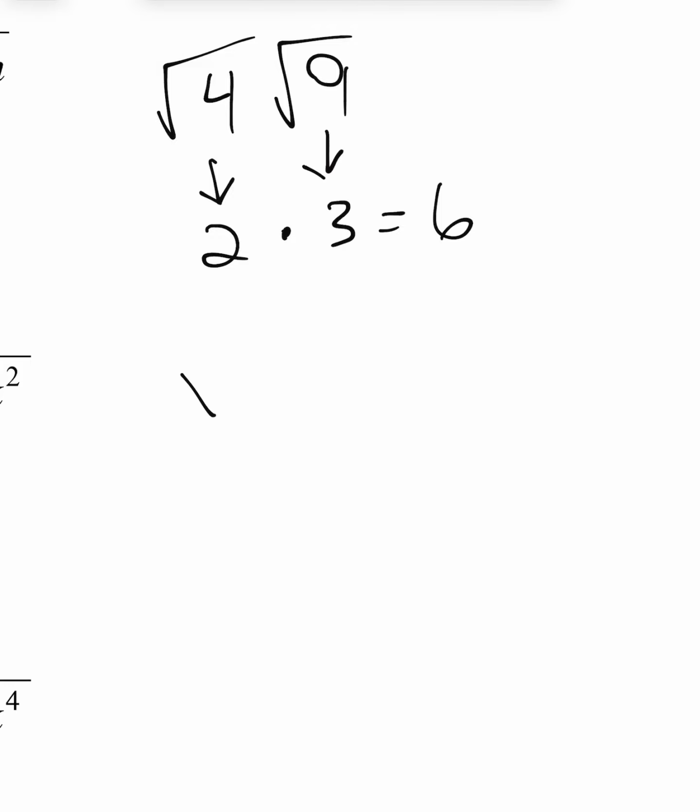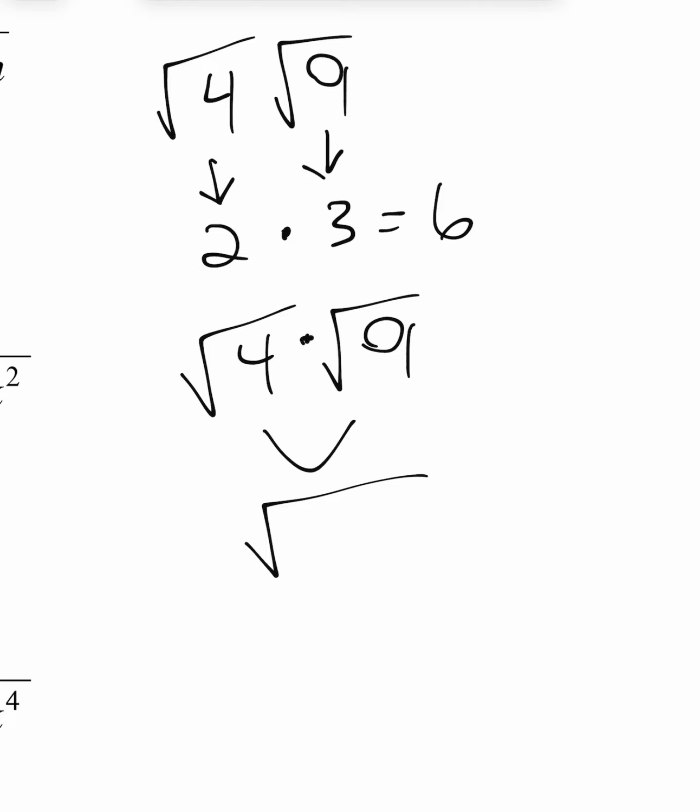Okay, if we were to set up the same problem, and rather than first taking the square root and then multiplying, what if we multiplied these two square roots together? 4 times 9, if we were to combine them and put them all under one roof, now it's the square root of 36.